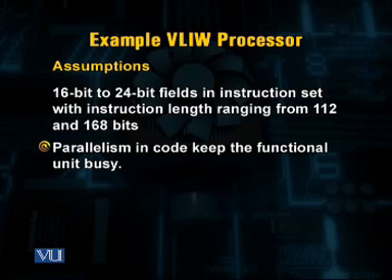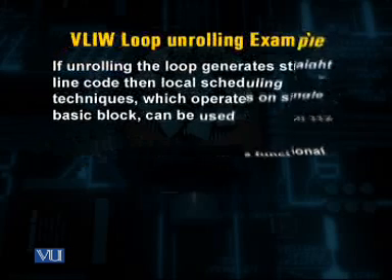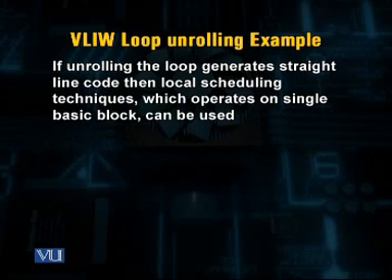So now let us see how a loop is unrolled to execute using multiple issues with very long instruction word processors. Here in this example, we will see that if unrolling the loop generates straight line code, then local scheduling techniques are used, and these techniques operate on a single basic block.